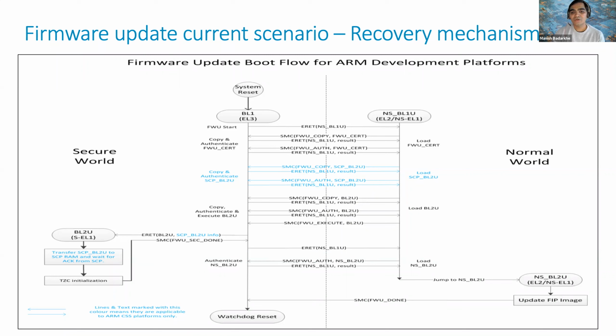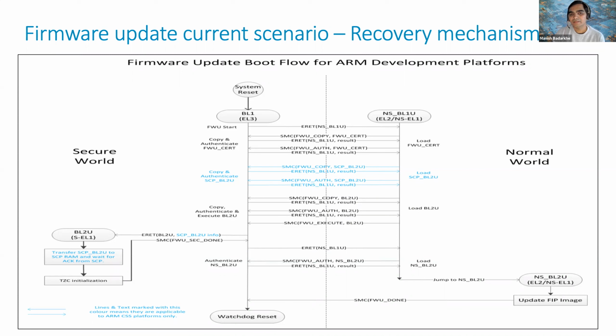This is how we have it till now, and we call it a recovery thing. This is not an actual firmware update. It is just a way to do the recovery and get the firmware back.